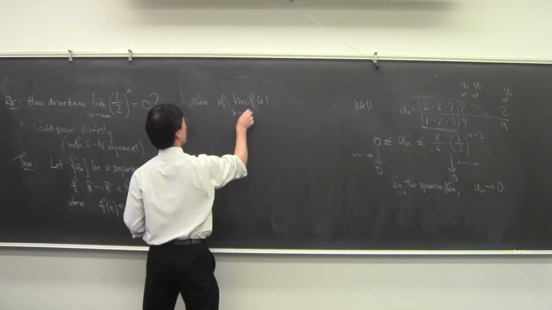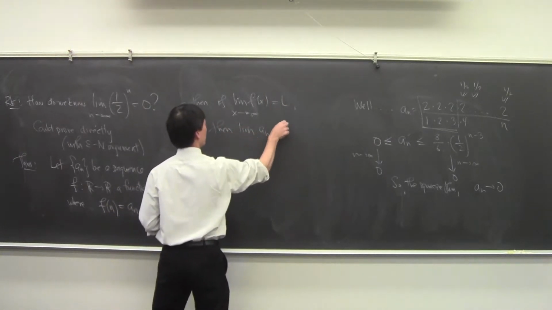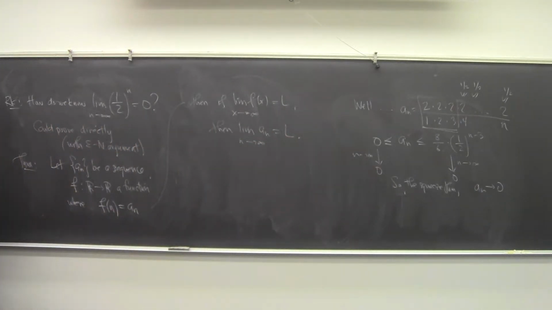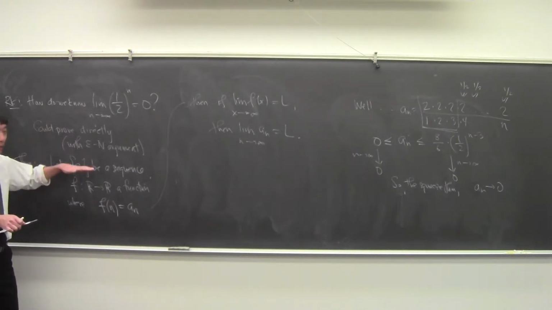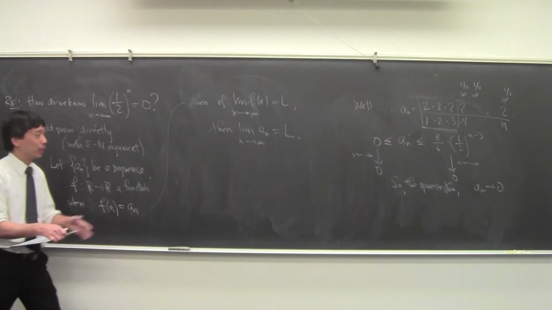If the limit of f of x as x goes to infinity equals L, then the limit of a sub n is L as n goes to infinity. Okay, as usual, when you put up a theorem, it's just this formal statement. But there's a very simple idea.